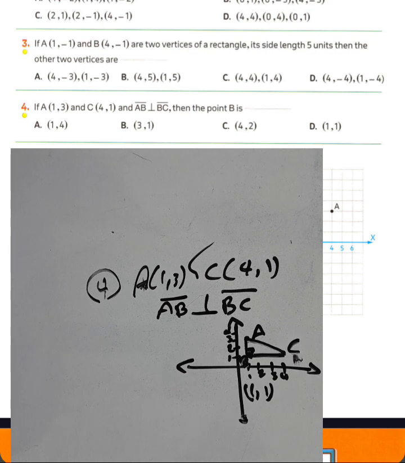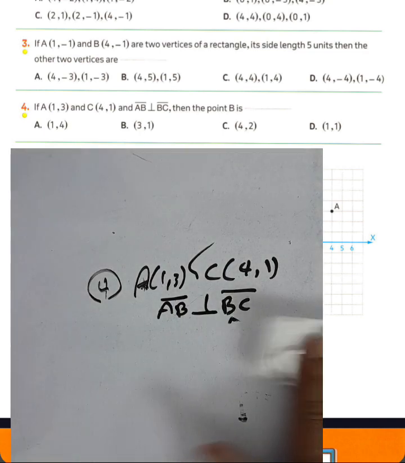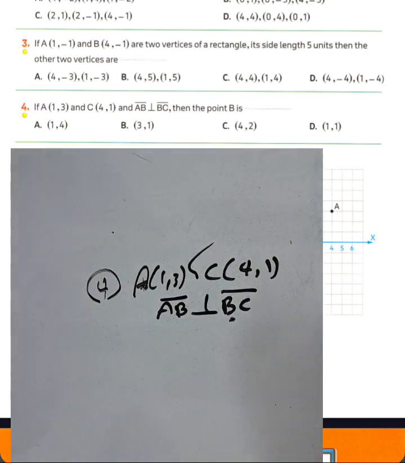Okay, understood? Choose letter D, (1, 1), about question number 4. Okay, again, he tells us in this example ABC is a right angle triangle, where AB is perpendicular to BC.